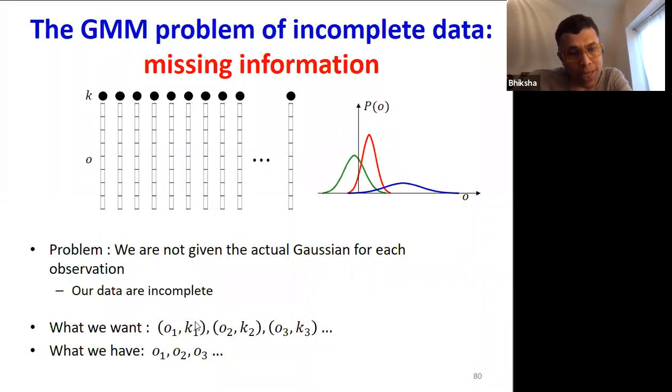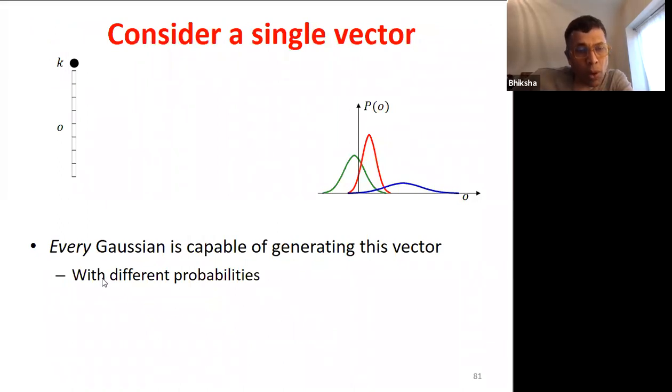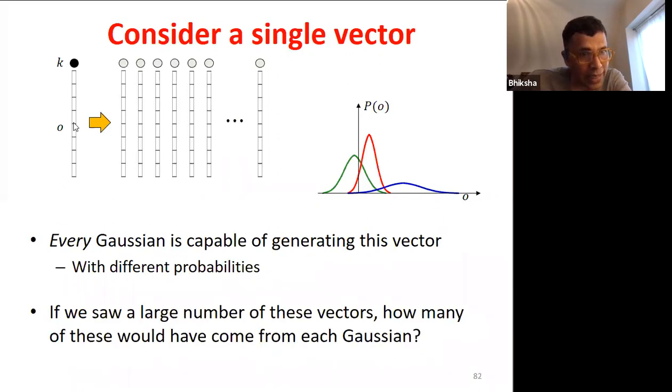Instead, what we have is just the vector O. If I give you this vector O, I don't know which Gaussian generated it. So I'm going to expand it out and fill in this missing component, the identity of the Gaussian that generated the data.